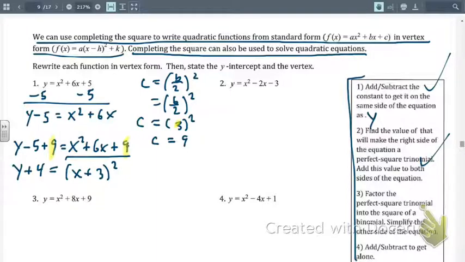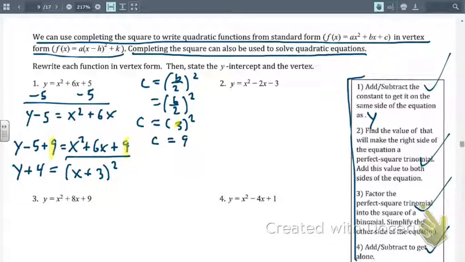You'd have to find factors of a times c that sum to b. You have to go through all that. So this is a shortcut. So just write your parentheses, your x, and then whatever your b over 2 is. Alright, so that is finished.